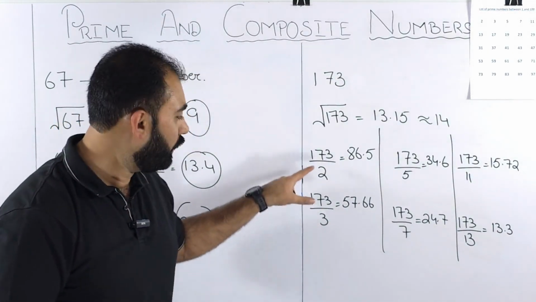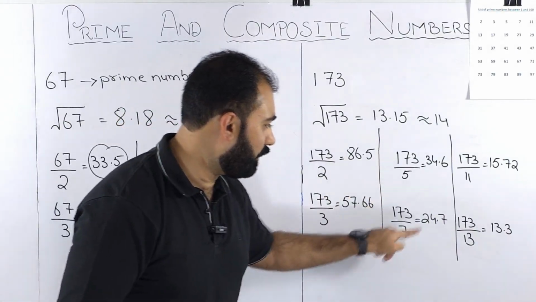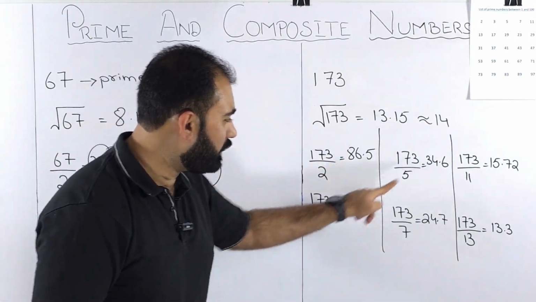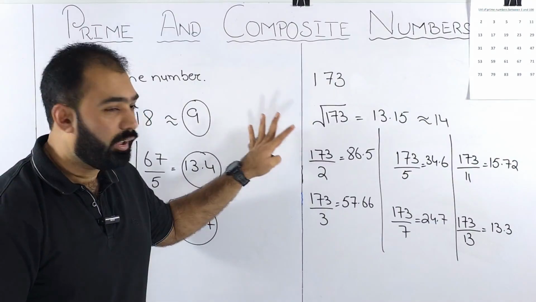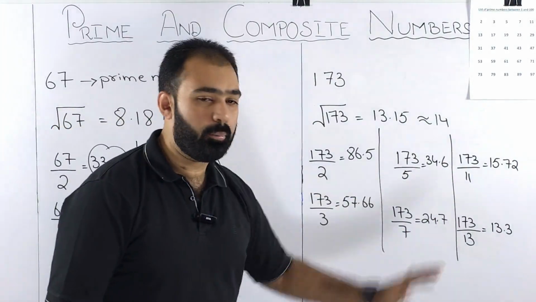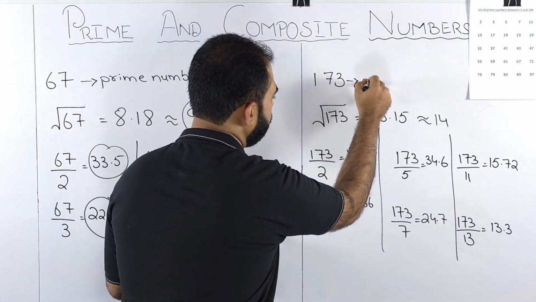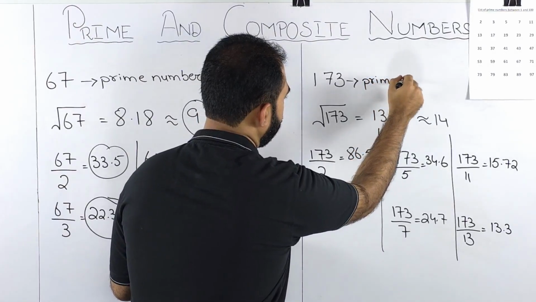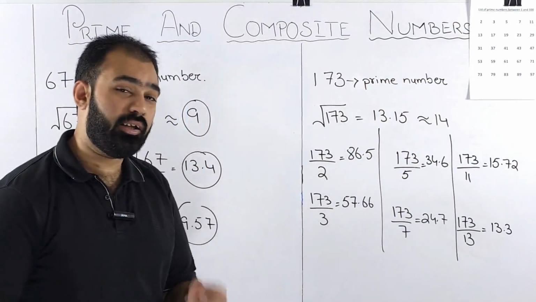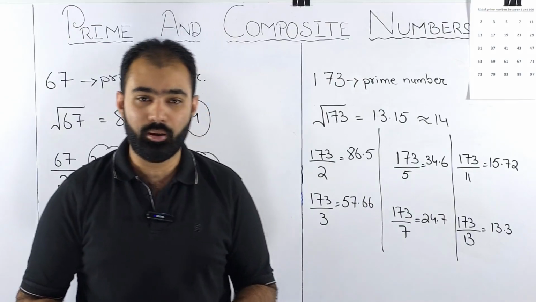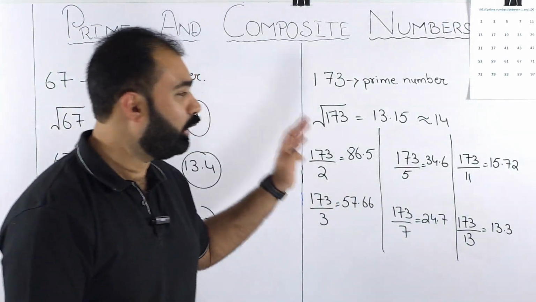We just have to do it with prime numbers between 2 to 14: 2, 3, 5, 7, 11 and 13. किसी भी केस में हमारे पास होल नंबर नहीं आया, which means 173 is not divisible by any of these prime numbers. इस सिचुएशन में we call it प्राइम नंबर. ये अगर किसी एक से भी कंप्लीटली डिविजिबल होता तो we would have called it a composite number. Otherwise, it is a prime number.